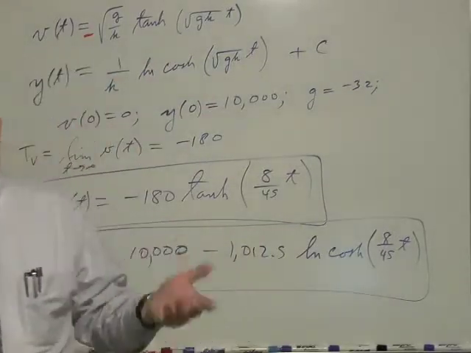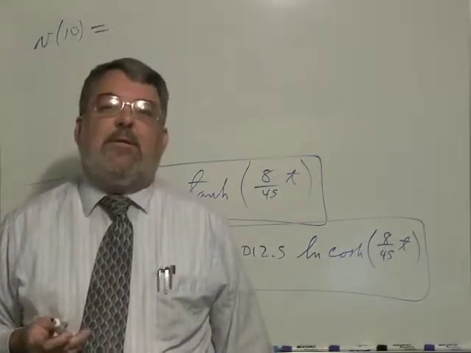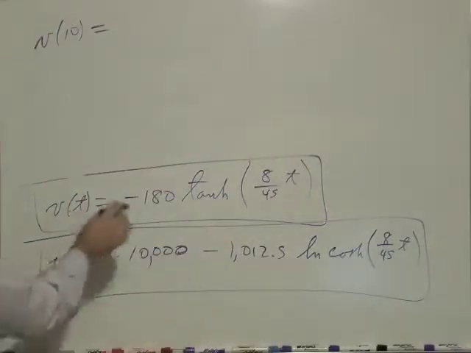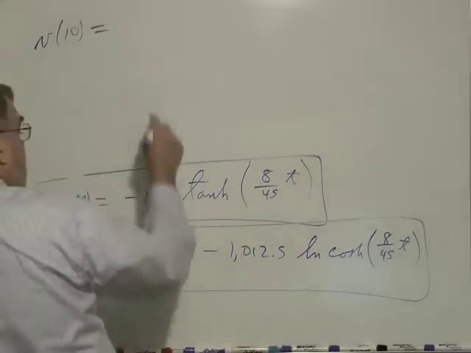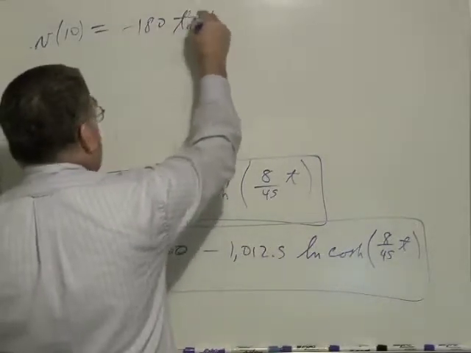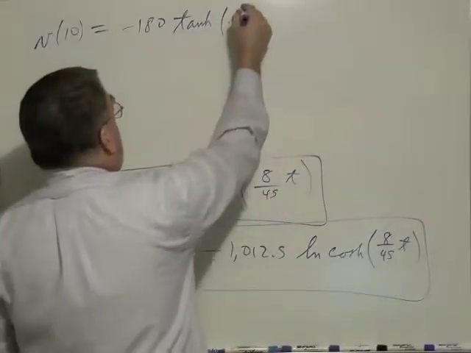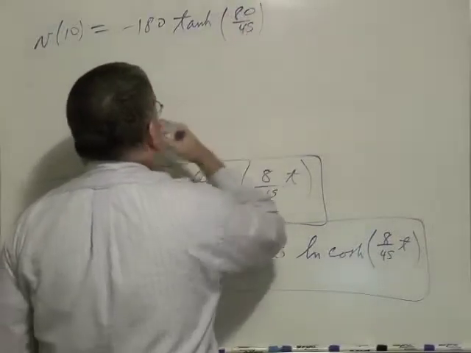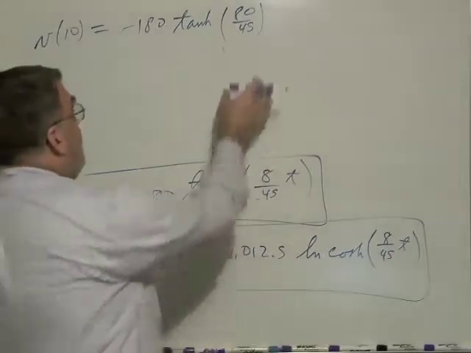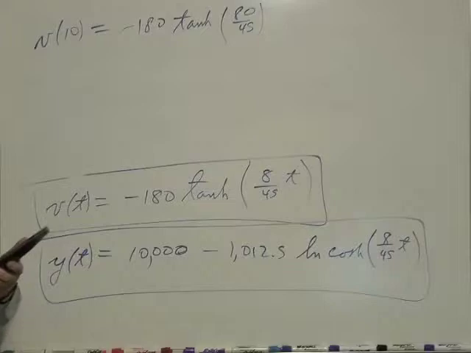What happens after 10 seconds, for example? So a couple of videos ago, we looked at the problem where what happens after 10 seconds. And the velocity after 10 seconds would be minus 180 times the tanh of, and when I plug 10 in here, I have 80 over 45. Now I plugged that in my calculator and I found out that I had to have parentheses around the tanh of 80 over 45.